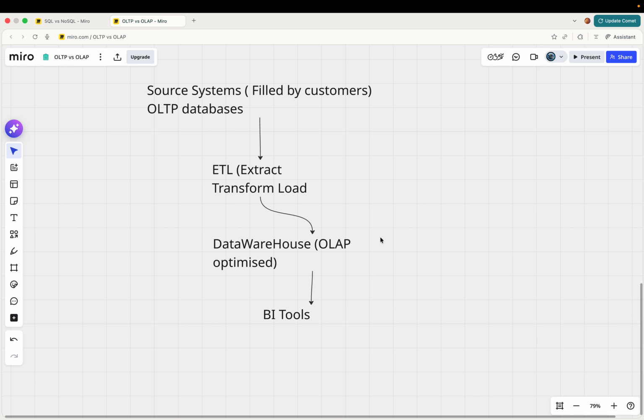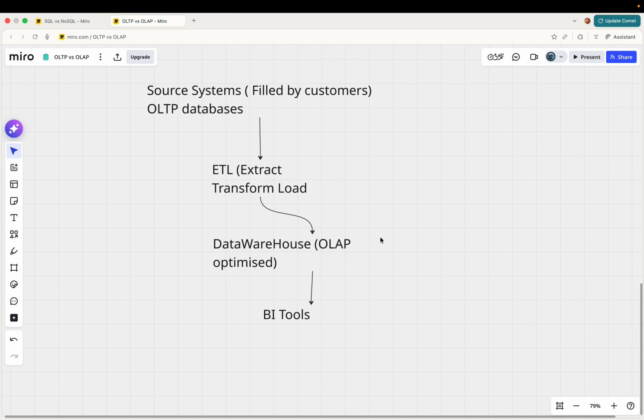And key takeaways: OLTP is for transactions, used for fast writes, ACID properties and normalized schema. And OLAP is for analytics, complex queries, columnar storage, denormalization. Generally most companies use both of them.